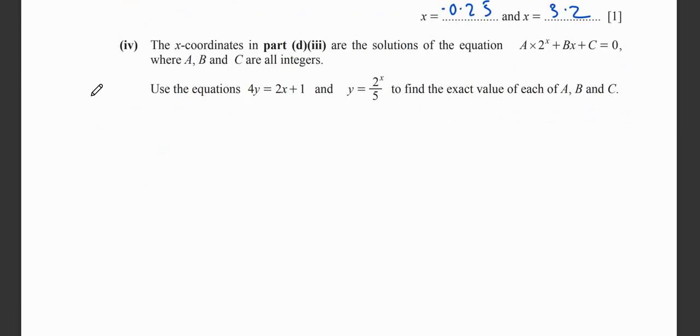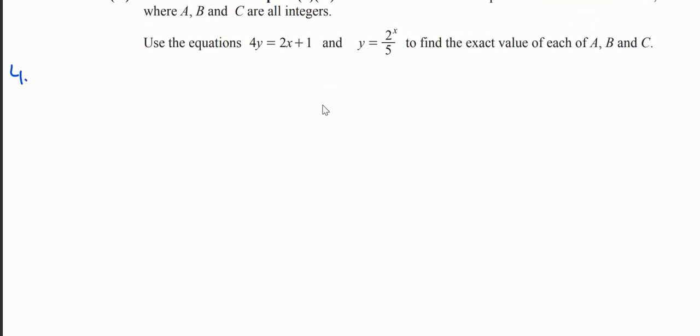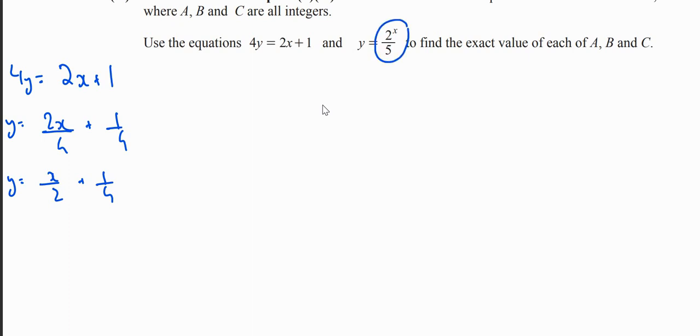So look, in order to do this question, we'll do some comparison. 4y is equal to 2x plus 1, y is equal to 2x upon 4 plus 1 upon 4. 2 divided by 4 is x upon 2 plus 1 upon 4. Now we know that the value of y is 2 raised to power x upon 5. So 2 raised to power x upon 5 is equal to x upon 2 plus 1 upon 4.